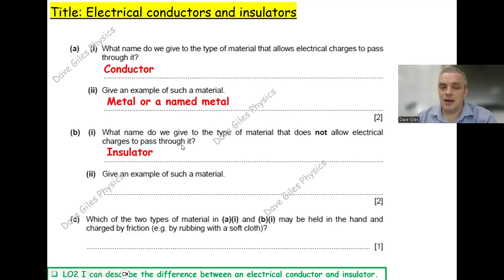It's an insulator. Give an example; there's so many, stuff like wood, plastic, etc. Which of the 2 types of material, conductor or insulator, may be held in the hand and charged by friction? That would be an insulator.